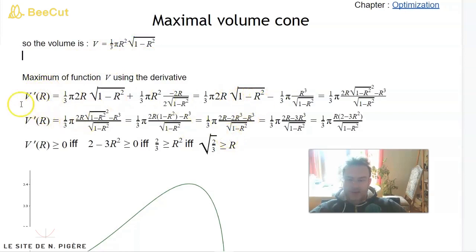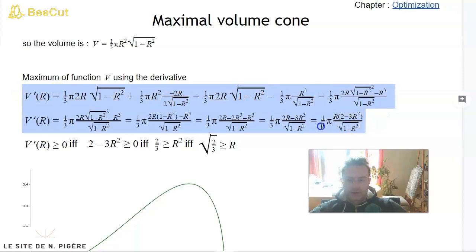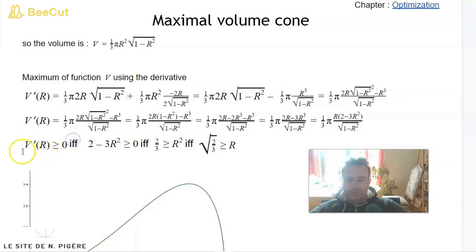As you can see, you can calculate the derivative of the function and figure out its sign when it's positive, but this is quite difficult. What I want to show you now is how to simplify this calculation by considering another function.